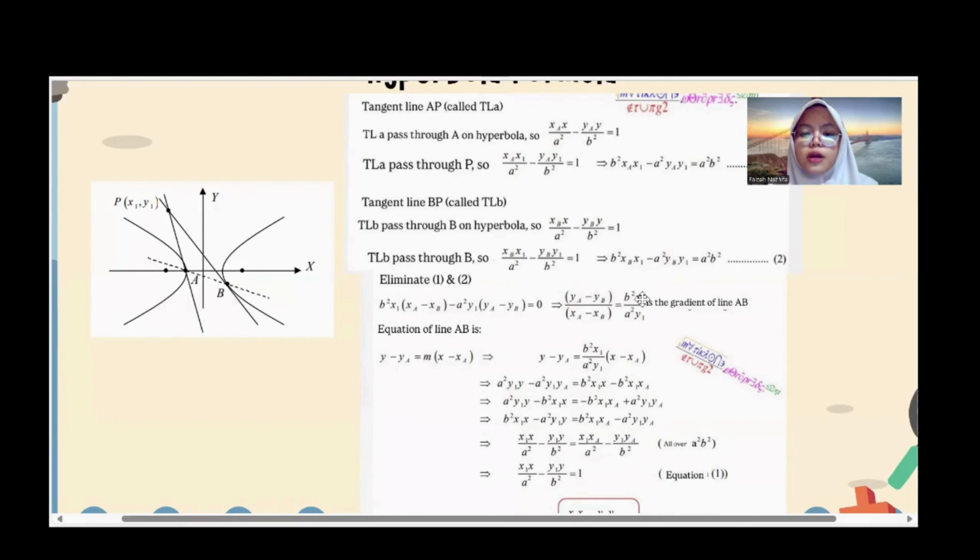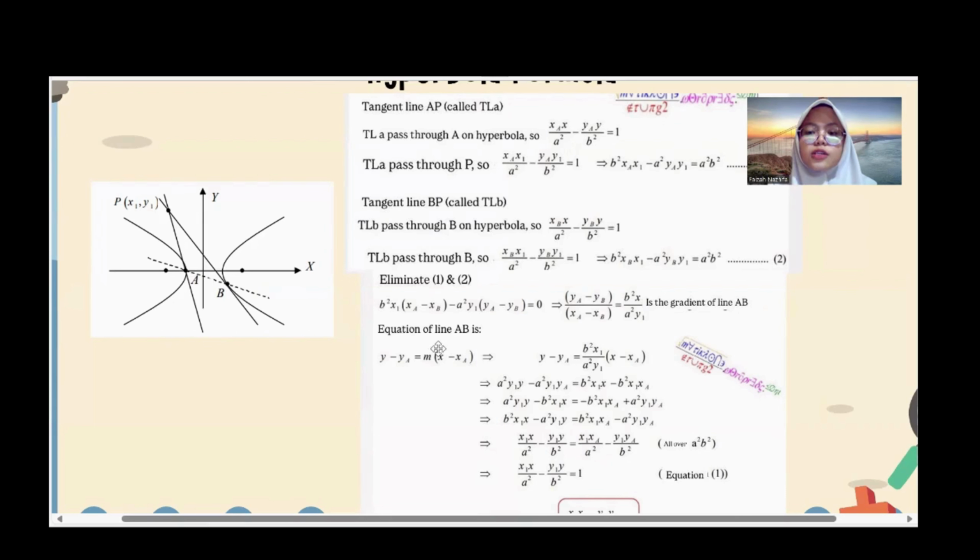just doing it algebraically, and we got b square times x all over a square times y. This is the gradient of line AB. Since a polar line is a straight line, the equation of line AB is y minus ya equals m times x minus xa.